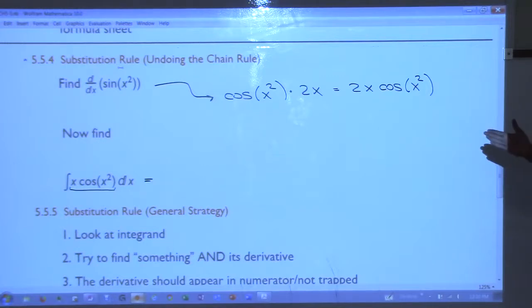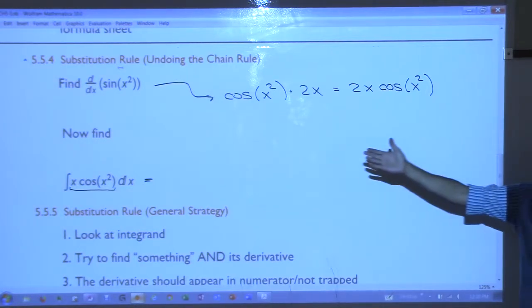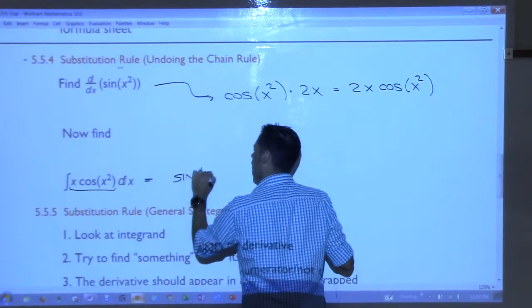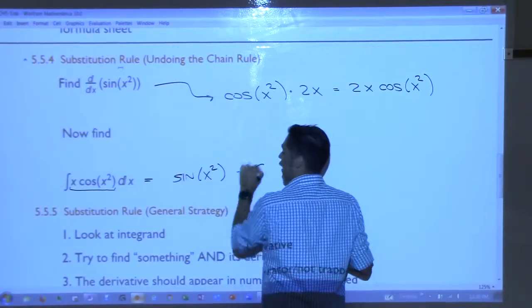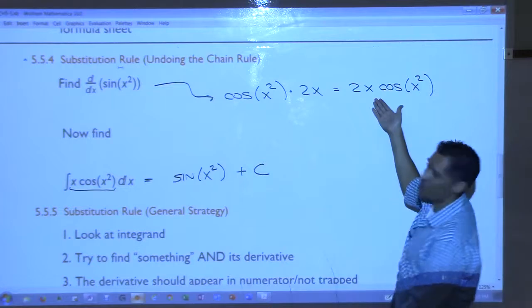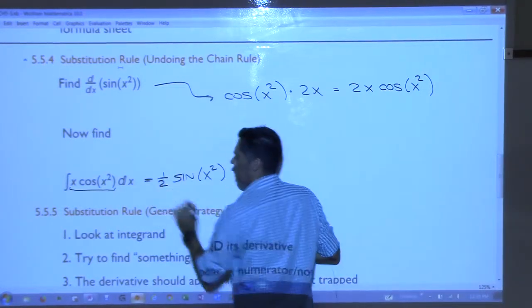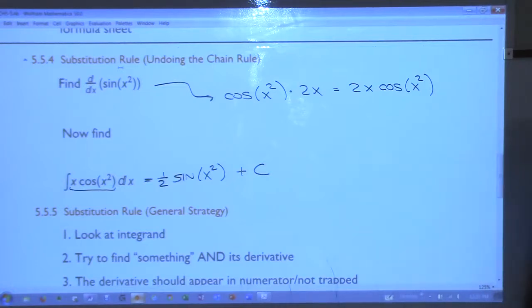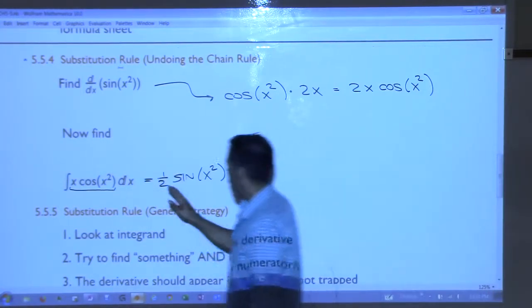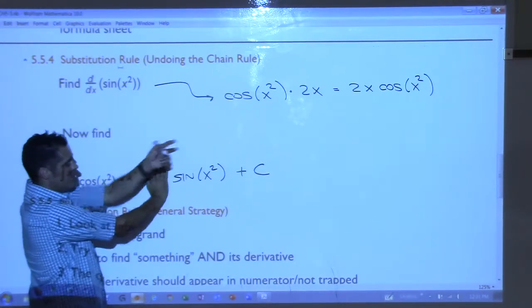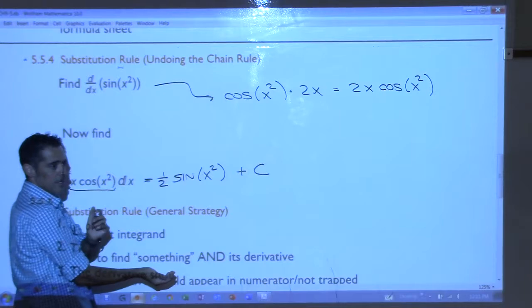Yeah, it's sine x squared, right? But almost, not quite. Because if I say that it's sine x squared plus c, then the derivative of that is that, so I'm off by a 2. So just put a 1/2 in front. If I take the derivative of that, I get what I'm looking for, but I have a 2 there. I don't want the 2, so I put a 1/2 out here, so it kills it off.